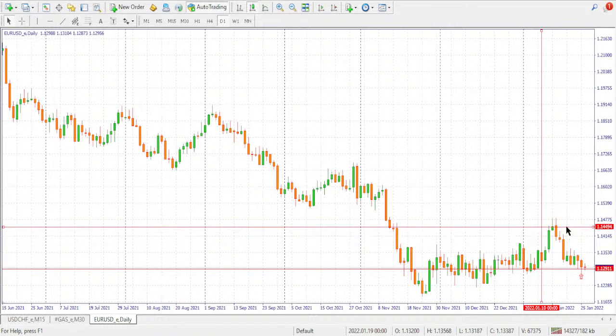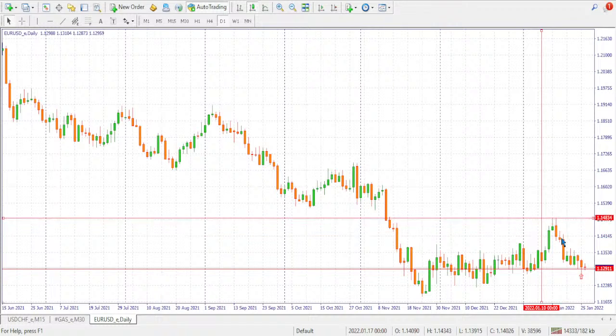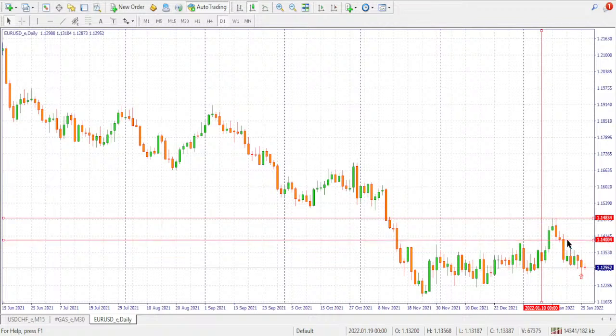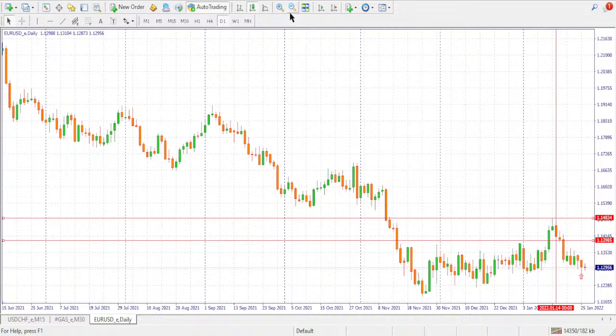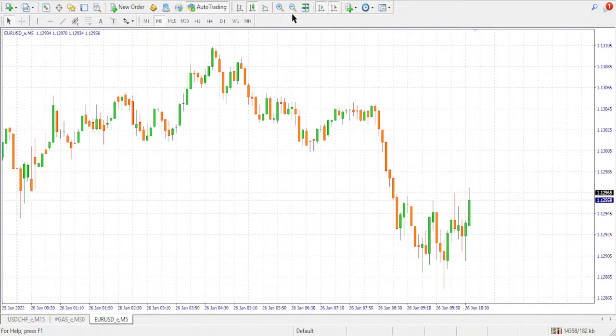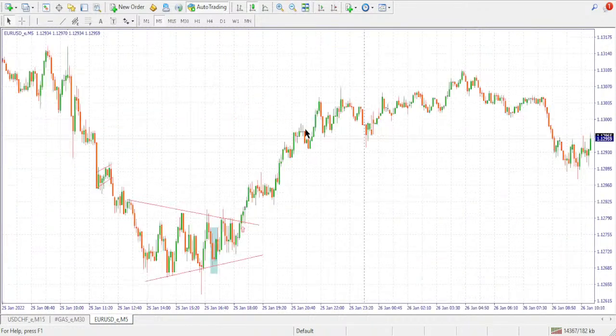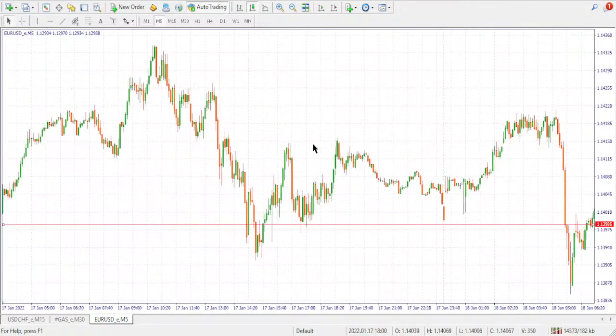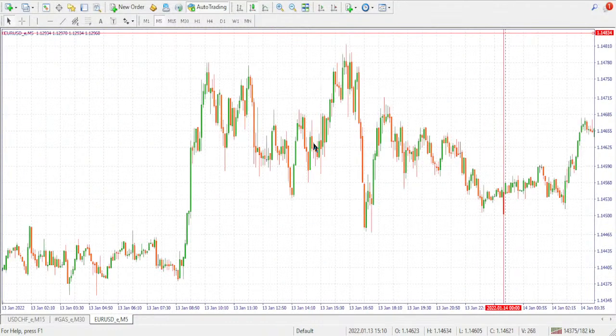So we have this high here, and then we have this low here, and then I'll mark that day. We have this one here. So we go to 5 minutes and see what happens. We'll scroll back. Nothing much, not yet.